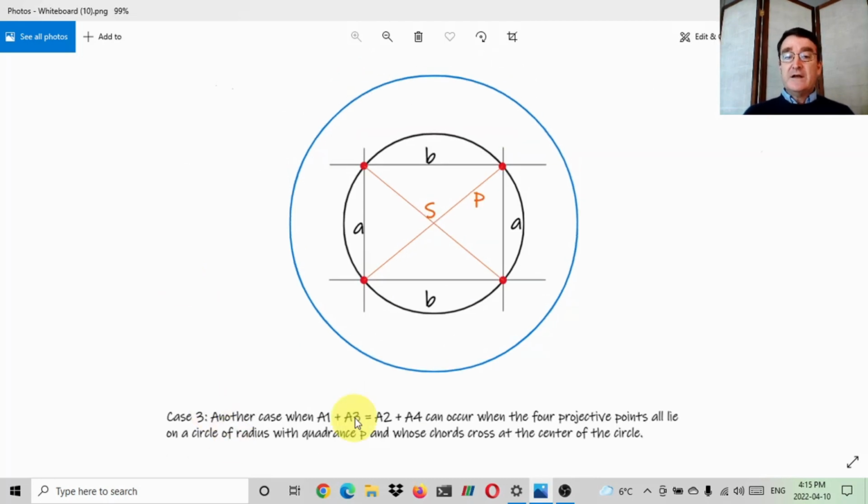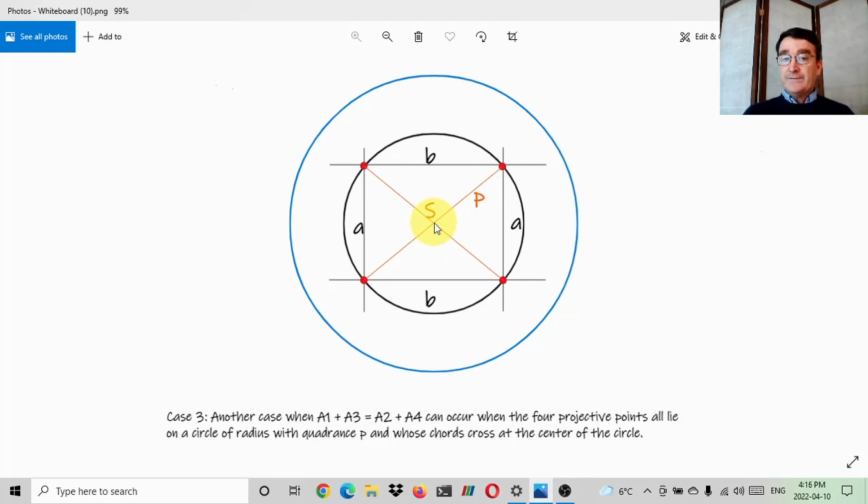They all lie on the circle, and the chords, these 2 chords, meet at the center of the circle, and the radius of the circle has quadrance P. So from this point here to this point is the quadrance P, similarly from center to here, and center from here to here, and the center from here to here, all have quadrance P, let's say.